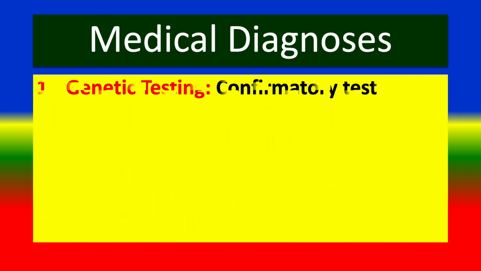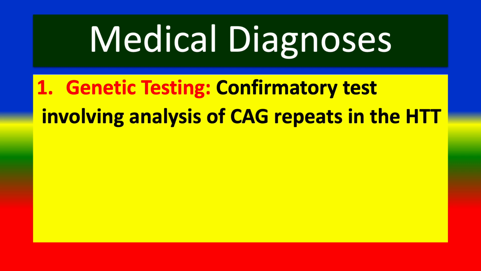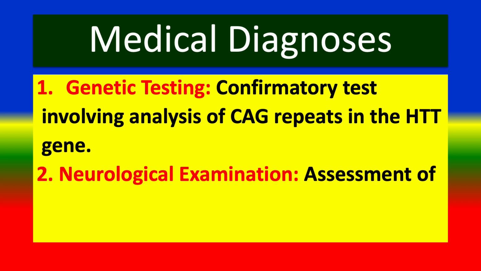Medical diagnosis. First, genetic testing: a confirmatory test involving analysis of CAG repeats in the HTT gene.